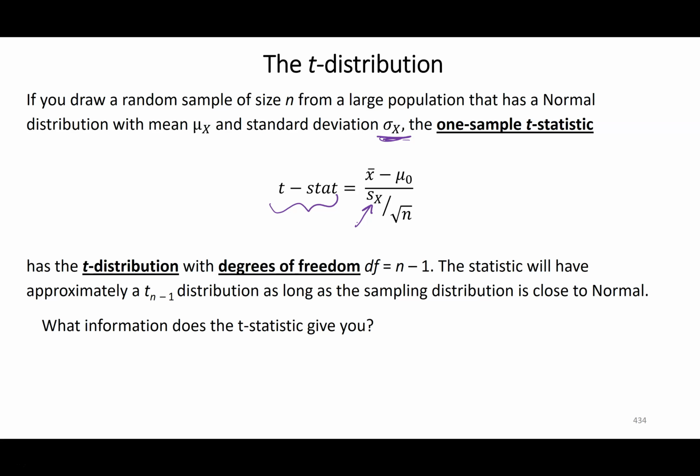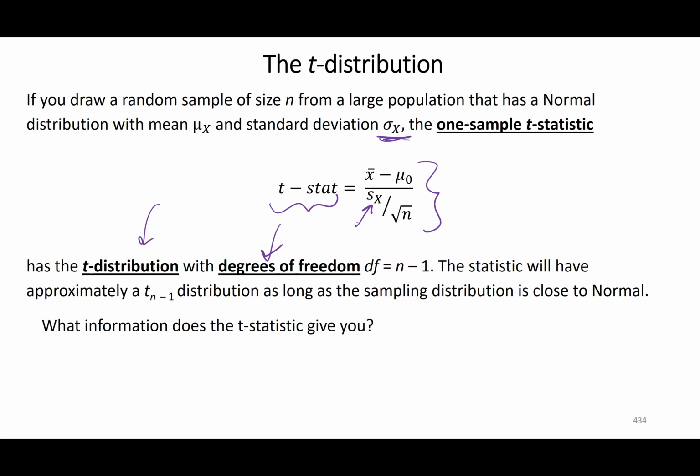And once we have our t-test statistic, you plug in the numbers, you get a value, then you'll go to a t-table and you'll be looking at specific degrees of freedom. The degrees of freedom tells us how wide or narrow the distribution gets.